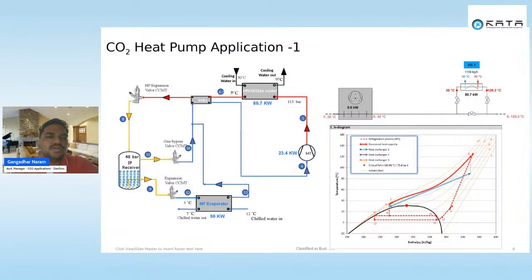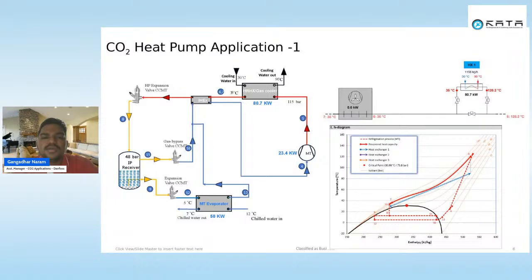But the advantage of CO2 is that it can deliver combined heating and cooling, where you can get cooling and heating at a time. For example, let's take a simple flash gas bypass system. This is the simple flash gas bypass system that we already discussed, where you have one compressor, one gas cooler, one high pressure expansion valve, receiver, flash gas bypass valve, electronic expansion valve, and evaporator.